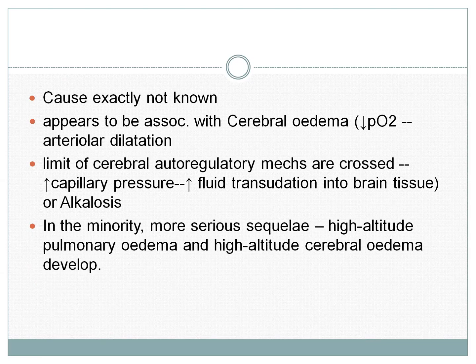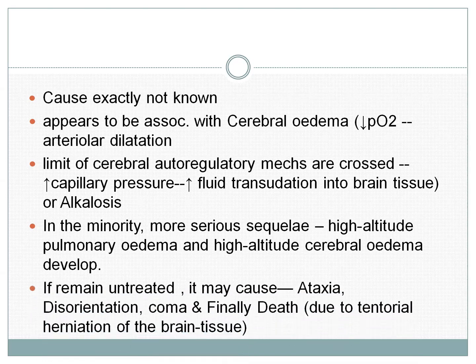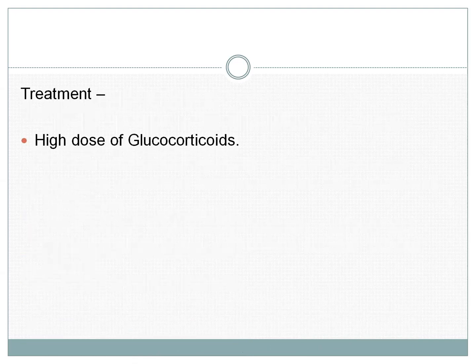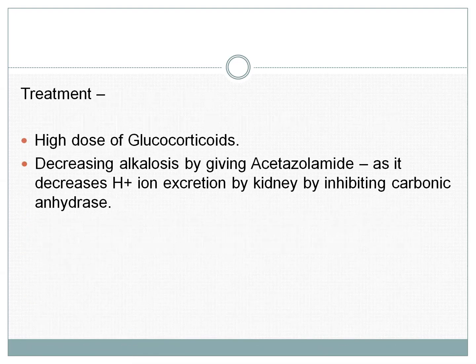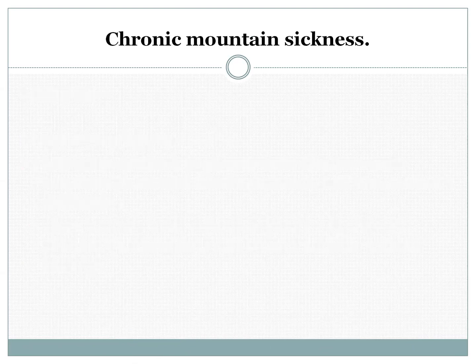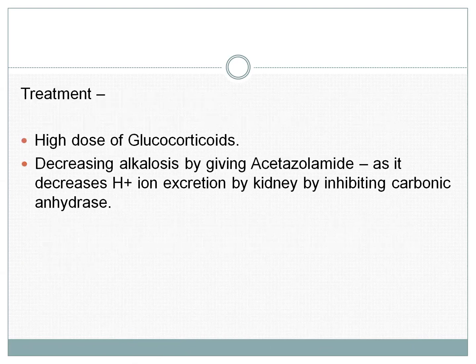High altitude pulmonary edema can occur, or high altitude cerebral edema can also develop. If left untreated, it may cause ataxia, disorientation, coma, and finally death. Death may be due to tentorial herniation of the brain tissue. Treatment is high dose glucocorticoids, and decreasing alkalosis by giving acetazolamide, because that decreases the hydrogen ion excretion.